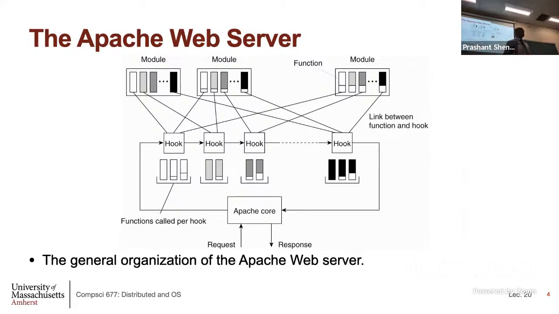Now, as far as the architecture of Apache is concerned, it actually supports both a process pool model as well as a thread pool model. You already know what thread pools mean, right? And when I was talking about some of this, remember I also said you can have a set of processes that are doing the same thing. You have a master process, it receives requests, it hands this request to one of the child processes, and you can have a set of processes that are part of the process pool.